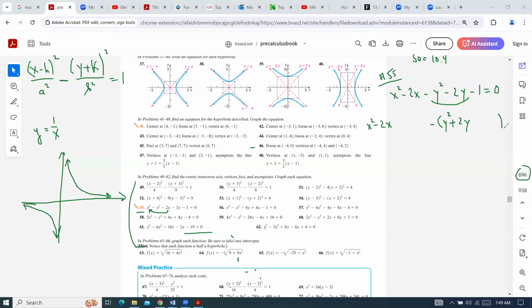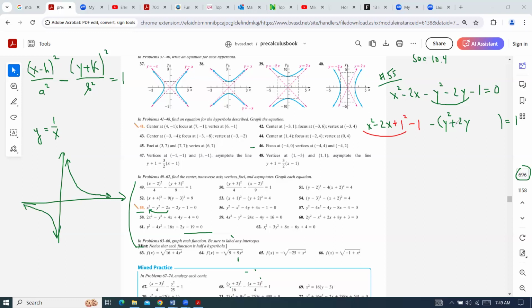And then I can also bring that number 1 over to the other side, so it's on the right side. So let's start. Half of 2 is 1, so I add and subtract number 1 squared. So these three terms will be giving me that parentheses squared.